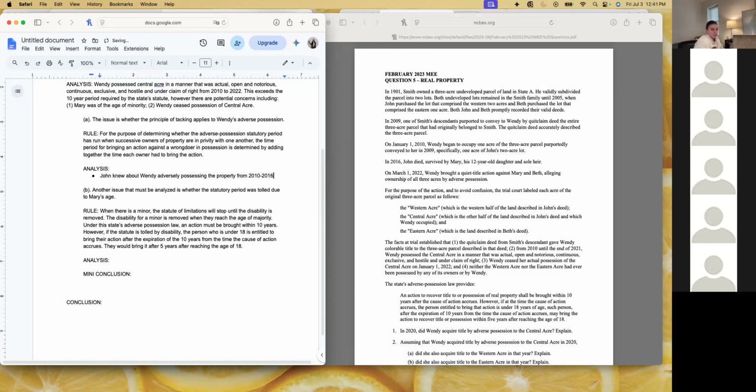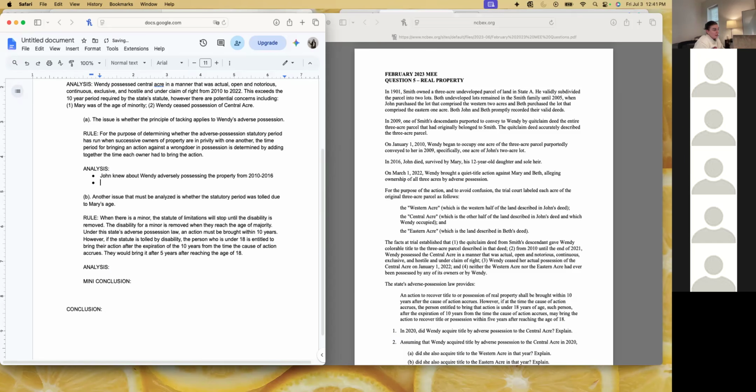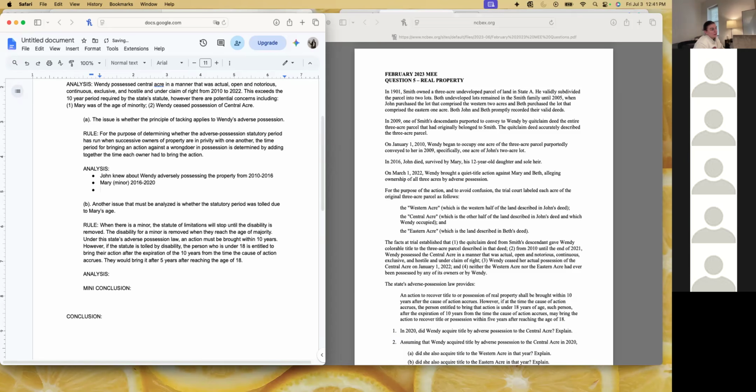So that's 6 years. Then we have Mary, even though a minor, and she knew about it from 2016 to 2020. So theoretically, if there is not an issue with the statutory period and the period tolling, then Wendy would have adversely possessed it because that totals to 10 years.